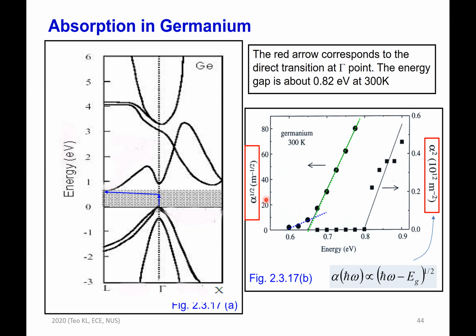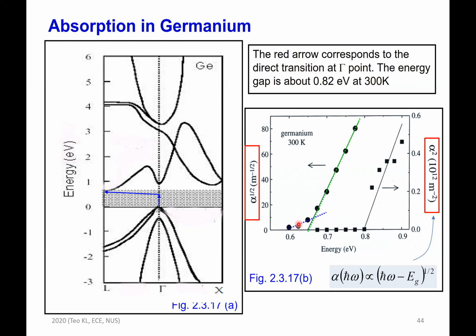So this is a graph plotted as the square root of absorption as a function of photon energy measured at 300 Kelvin. You can see that it's very similar to what we have discussed. The solid circle is the data point, so this is the curve of the absorption coefficient of germanium measured at 300 K. You can extrapolate down.